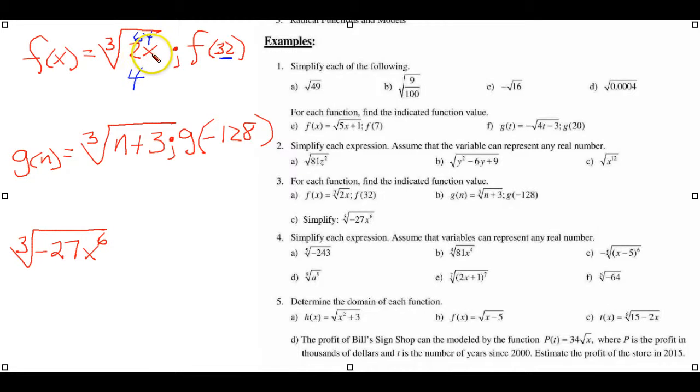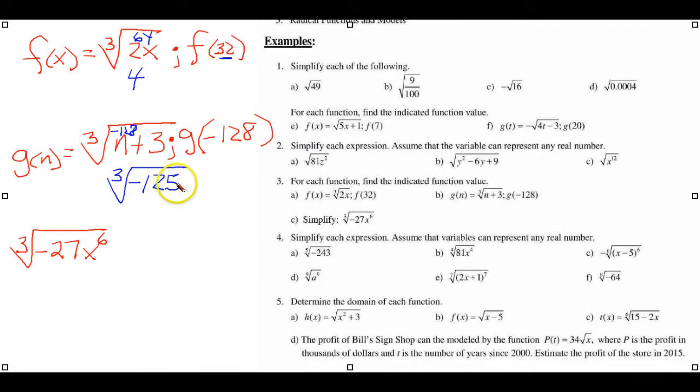Now, that basically is the answer, and you don't have to use any absolute value signs or anything. Now here, our g value is going to be a negative 128. So this is a negative 128 plus 3 gives us a cube root of a negative 125.